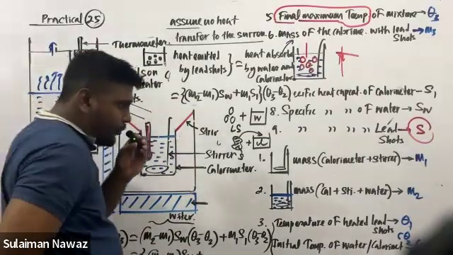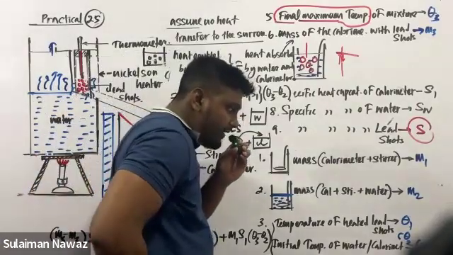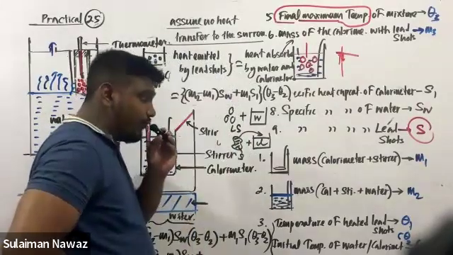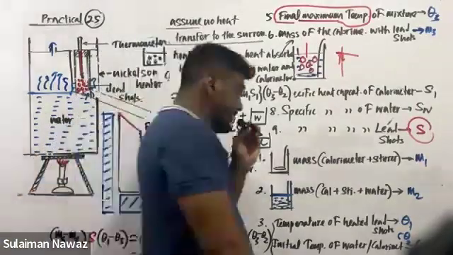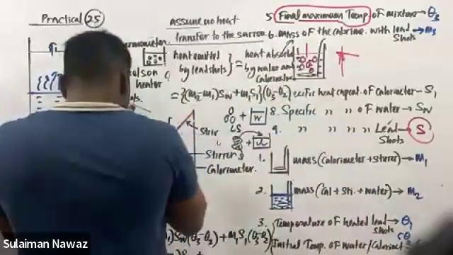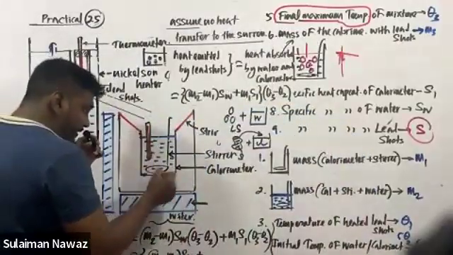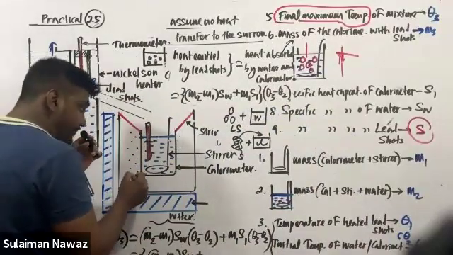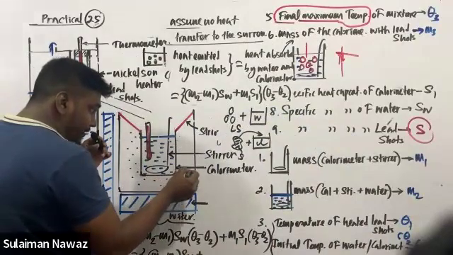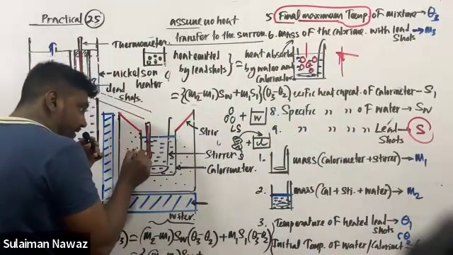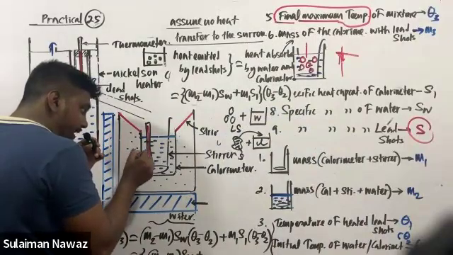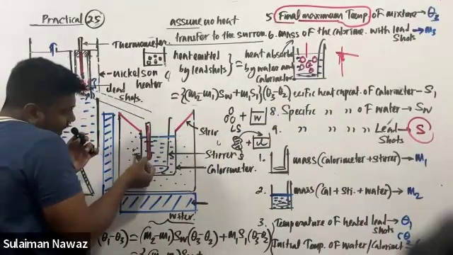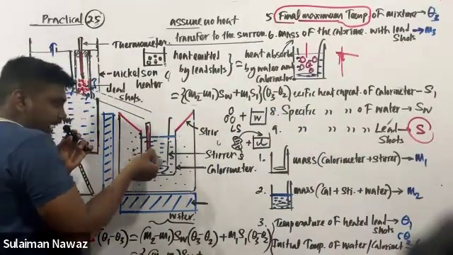Then the next point is to minimize heat loss by convection. The calorimeter is insulated with a material such as wood dust, thermocol, or asbestos fibers. Due to the temperature of the calorimeter, if it is surrounded by air, which is a fluid, the heat of the calorimeter transfers to the air by convection, and heat can dissipate.